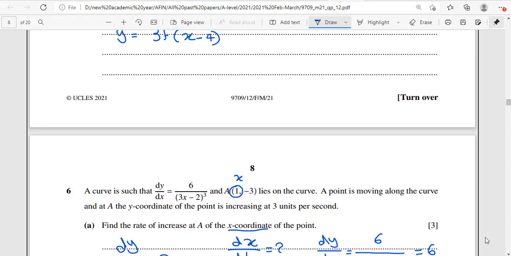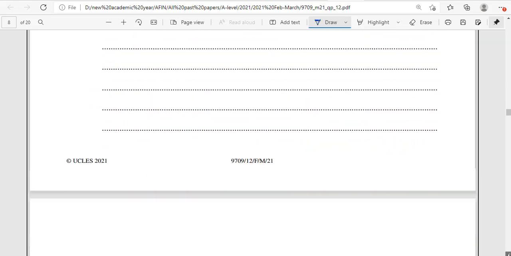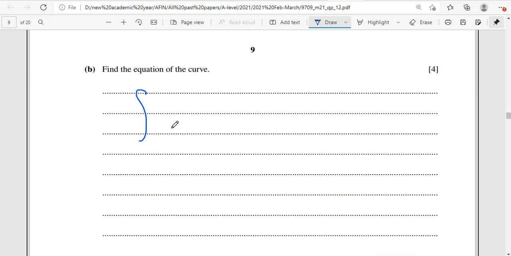By integration, because integrals are antiderivatives. Then we will just have to solve the integral of 6 over (3x minus 2) to the power 3, dx.